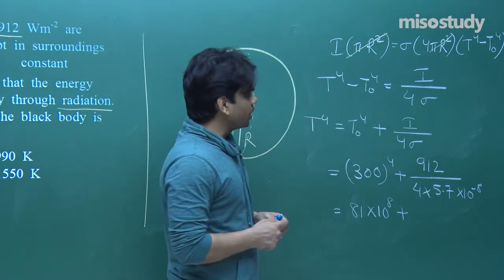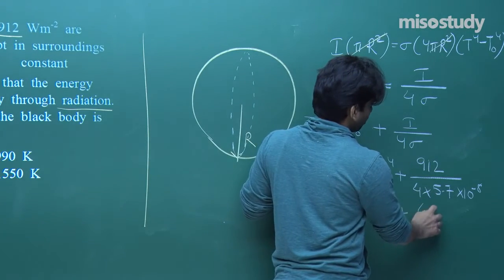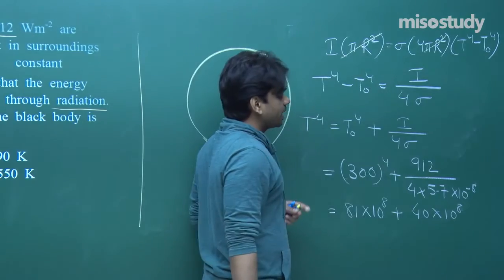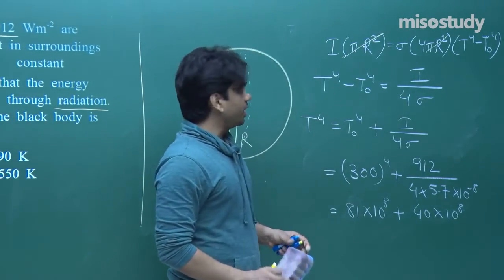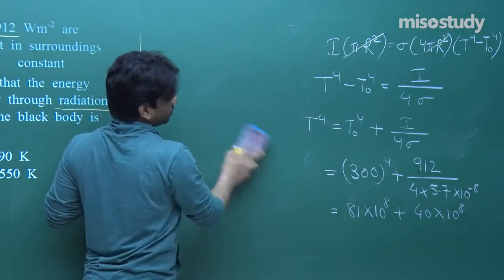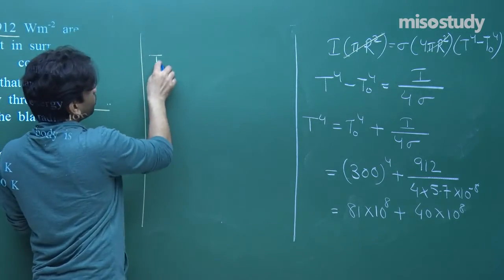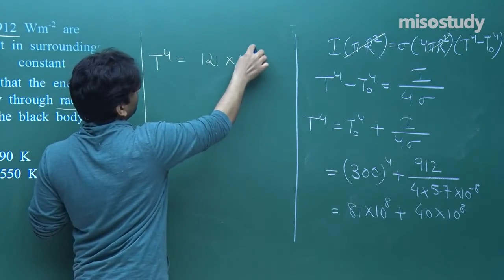If you solve this exactly, this will come out to be somewhere around 40 into 10 to the power 8. So finally this will come out to be 121 into 10 to the power 8. We have less space here, so I will be using this part. The result is T to the power 4 equal to 121 into 10 to the power 8.